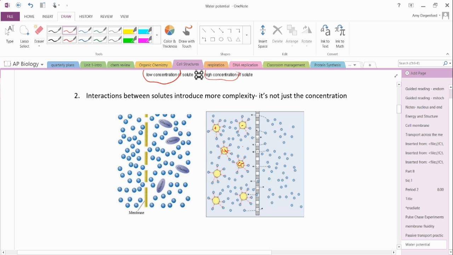What this does is it ends up leaving spaces between the solution. In this case, the left side has less tendency to move, because water is congregating around those ions. It's not going to move as much. And then over here, water has a higher tendency to move.